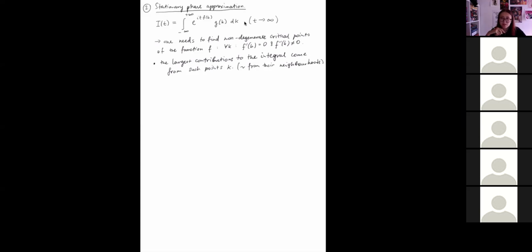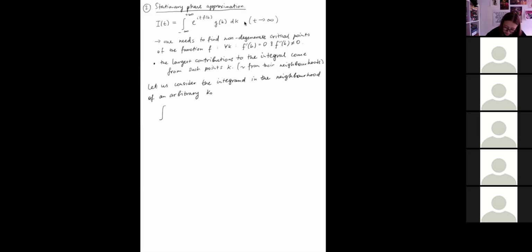So for this, let us consider the integrand in the delta neighborhood of just an arbitrary point k0, and look at the integral in this neighborhood.